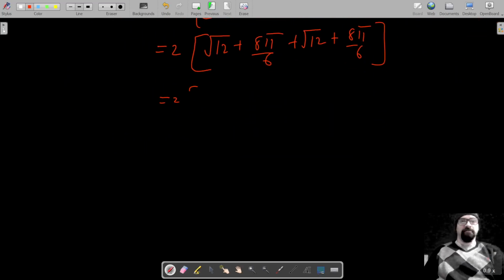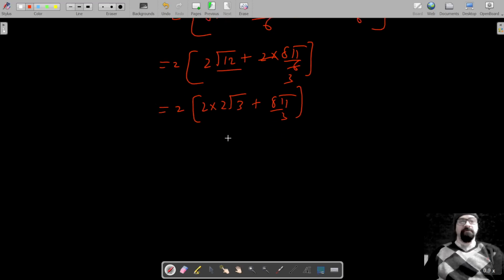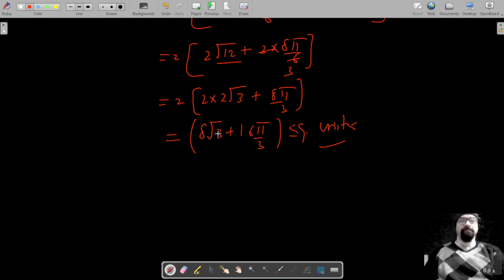So this is 2 times under root 12 plus 2 times 8 pi by 6, and under root 12 is 2 root 3, plus this is 8 pi by 3, which finally gives me 8 root 3 plus 16 pi by 3 square units. So 8 root 3 plus 16 pi by 3 square units is the required area.